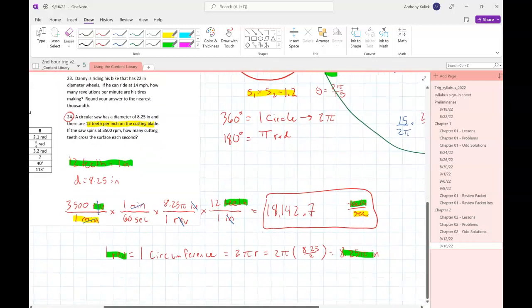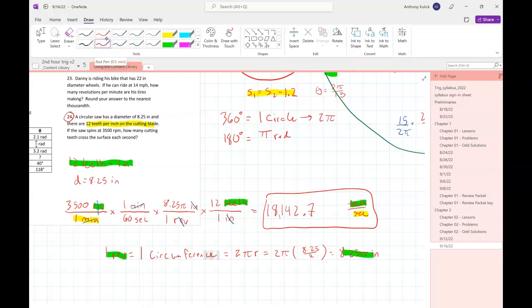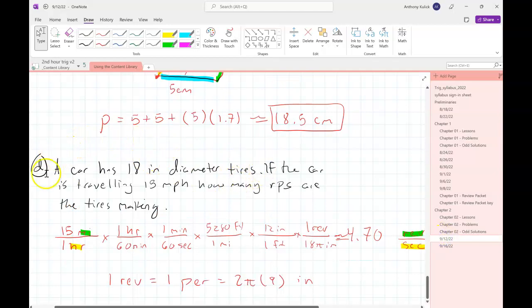Okay. So this one is almost going to be identical to what we did in the notes. Just instead of a car, this is a bicycle. Again, this is a unit conversion problem, almost identical to the last example in the notes. Remember that in our notes, the car had 18-inch diameter tires, going 15 miles an hour, and asked how many revolutions per second the tires were making.